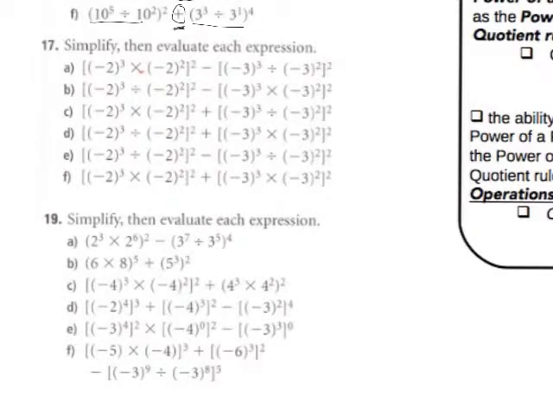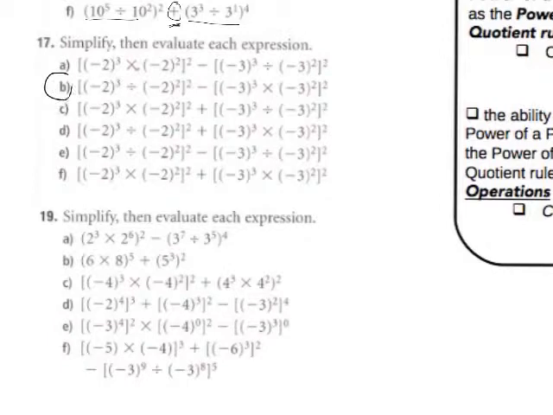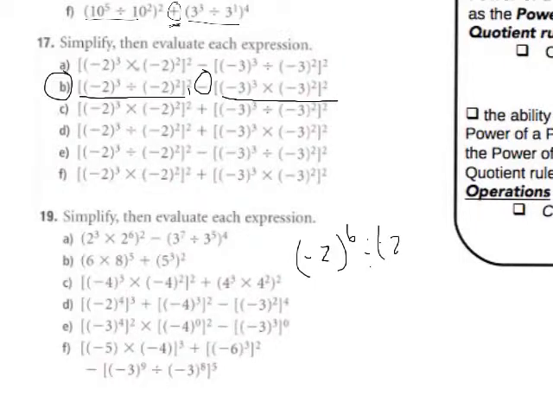Okay, so number 17, we're going to simplify it again. We'll just pick one randomly. We'll do B. And we'll do this side. And then we're going to subtract the answer to this side. So I'm going to distribute in this 2. And I'm going to rewrite this whole question down here as negative 2 to the power of 6 divided by negative 2 to the power of 4.